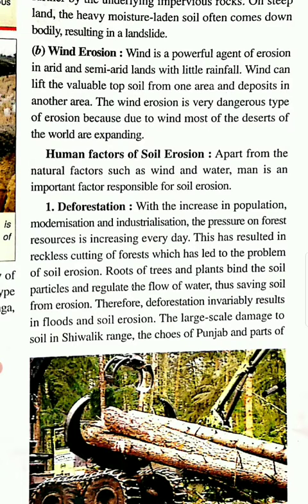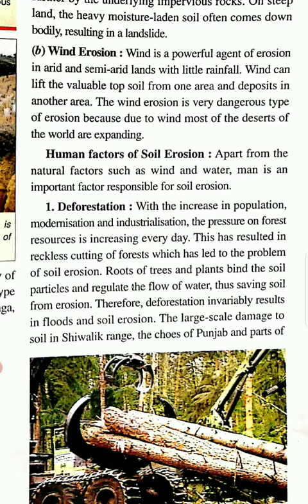Soil erosion easily takes place in areas where there is no vegetation over the soil, because it becomes easy for the agents to erode the soil, as there is a lack of any type of grip over the soil.